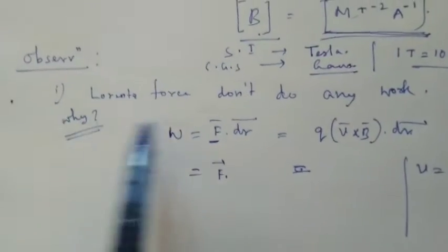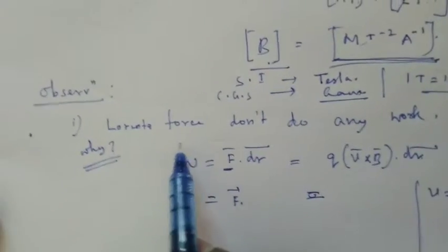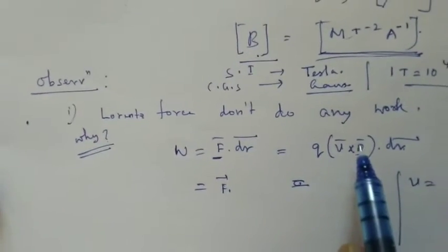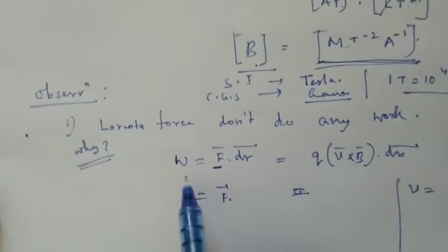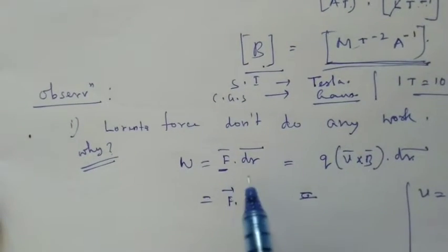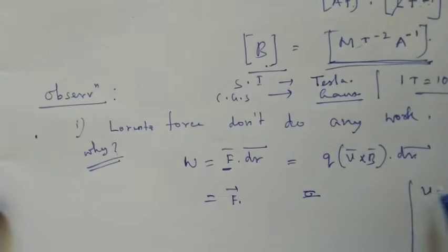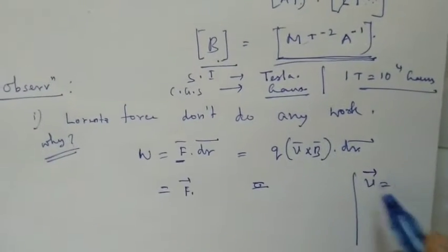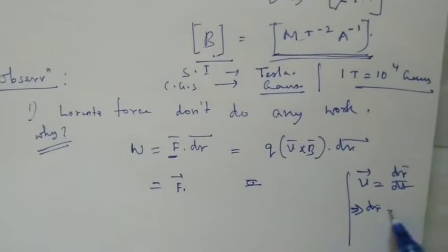Now we want to discuss some properties of Lorentz force. First one, Lorentz force does not do any work. That is, Lorentz force is a workless force. Why? The work done due to Lorentz force, if we move a charge q from one place to another with displacement dr, is W equals F dot dr. From classical mechanics, we know velocity v equals dr/dt, and that's why dr equals v dt.